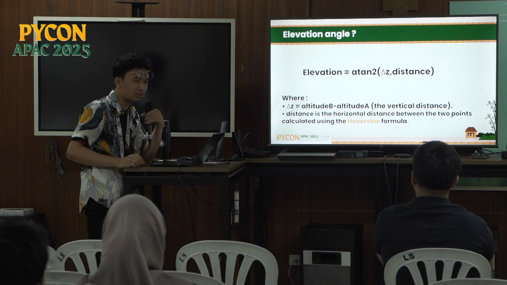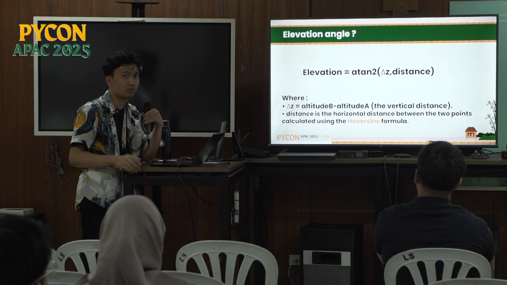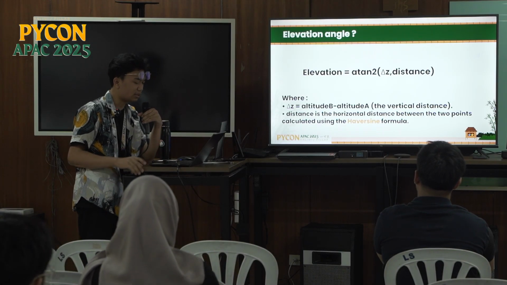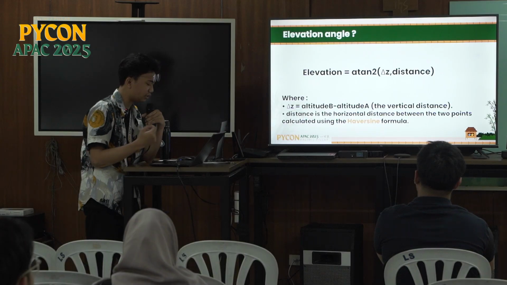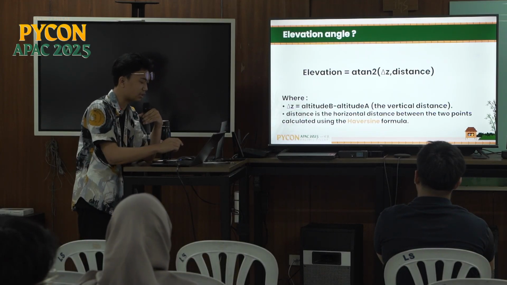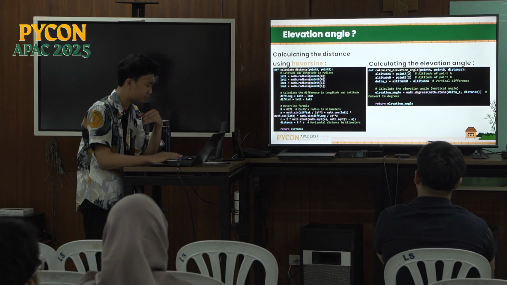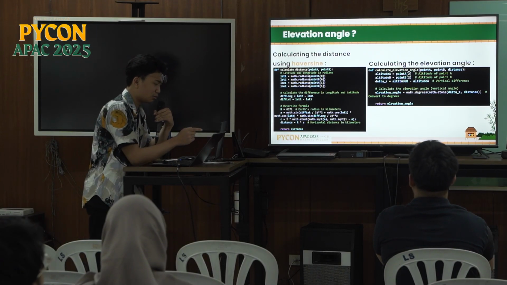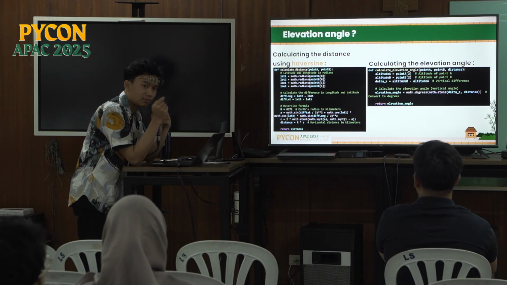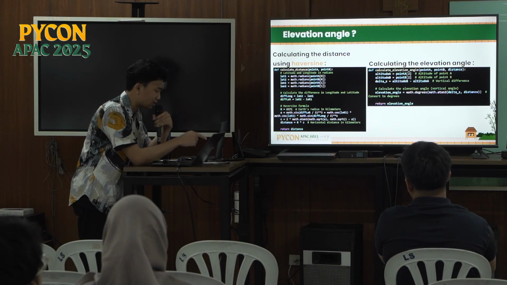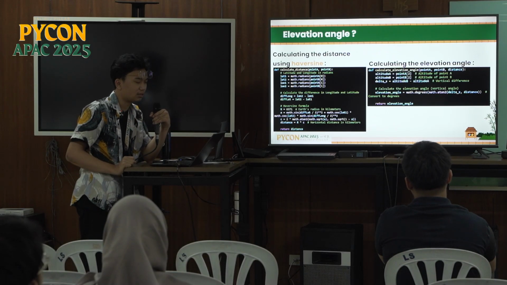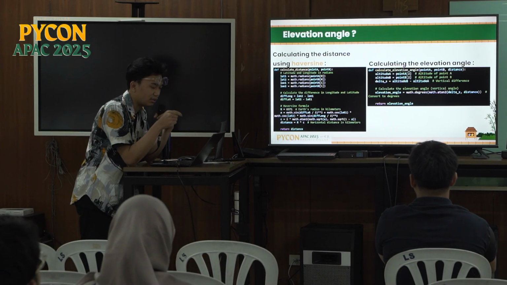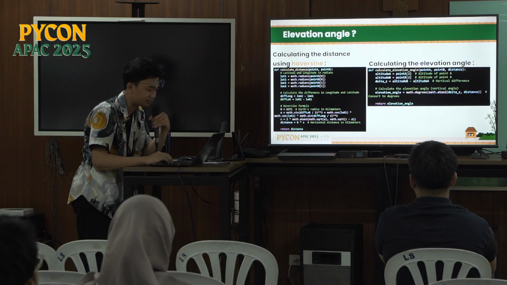For the elevation, you need to know the distance between you and the plane using the Haversine formula. So this is the code. You have to calculate the distance between you and the plane using the Haversine. The left one is the Haversine, and the right one is calculating the elevation angle.